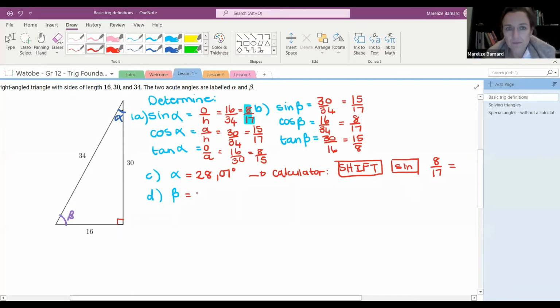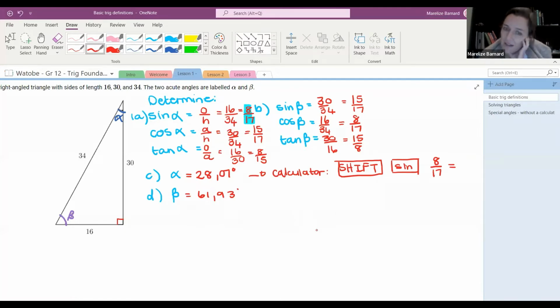Okay, so what you do is reverse tan, and then you put 15/8 in brackets, and then get your answer, which is 61.93 degrees. Wonderful. So you use tan on your calculator, going through these same steps with the keys: shift tan 15/8 equals, and then you get 61.93.